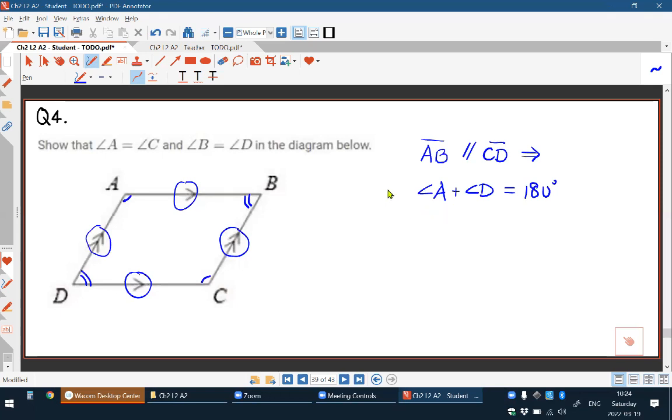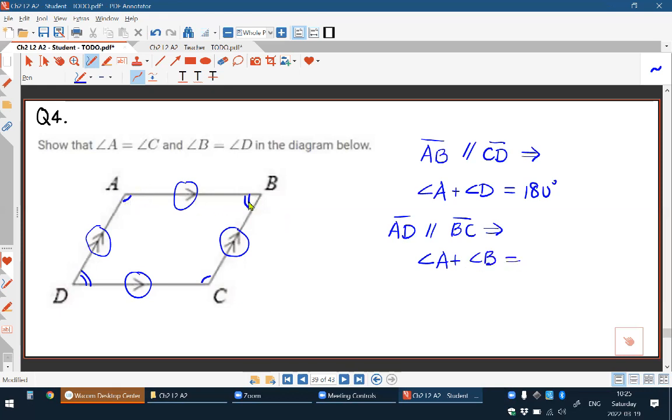And also angle B plus angle C is, oh, actually we do not need this. Note here we have another pair of parallel lines because line AD is parallel to line BC, right? And this gives us another pair of supplementary angles.